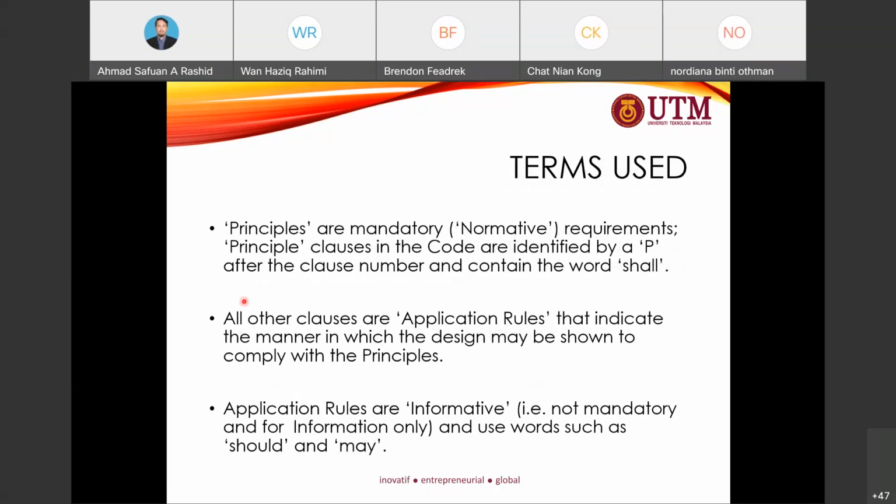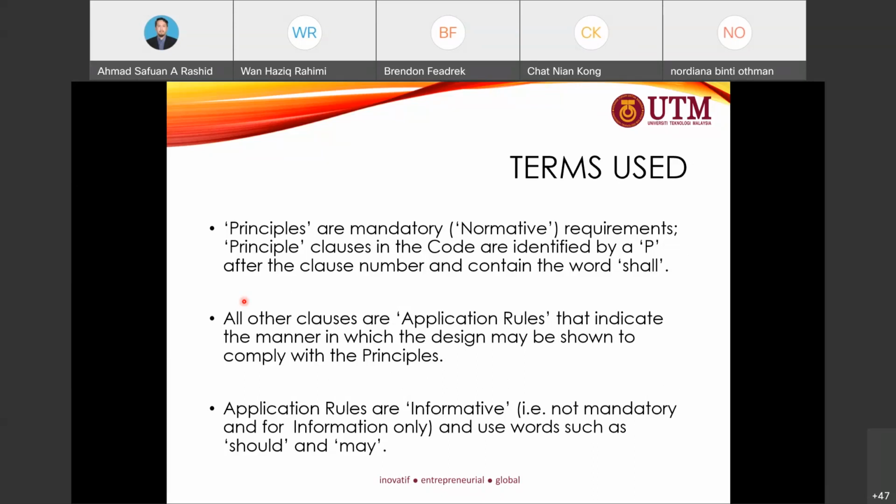Then in all the Eurocodes, they use the term principle, which is a mandatory requirement. Principal clauses in the code are identified by a P after the clause number and contain the word shall. All other clauses are application rules that indicate the manner in which the principal design may be shown to comply with the principle.